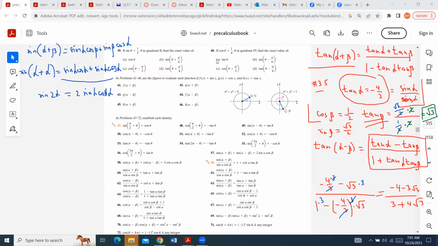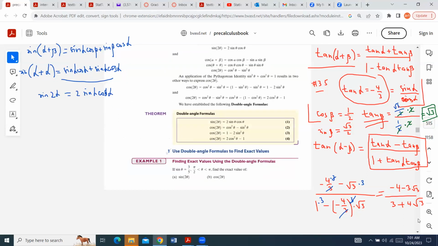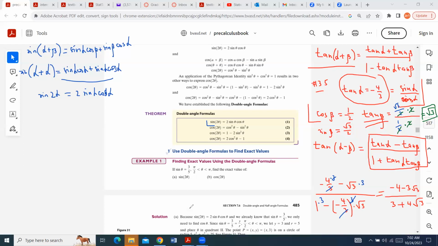And that brings us right into the next section that deals with these so-called double angles. And I just justified the first formula for you. Analogously, you can justify the second formula by using cosine of alpha plus beta and doing exactly the same thing.